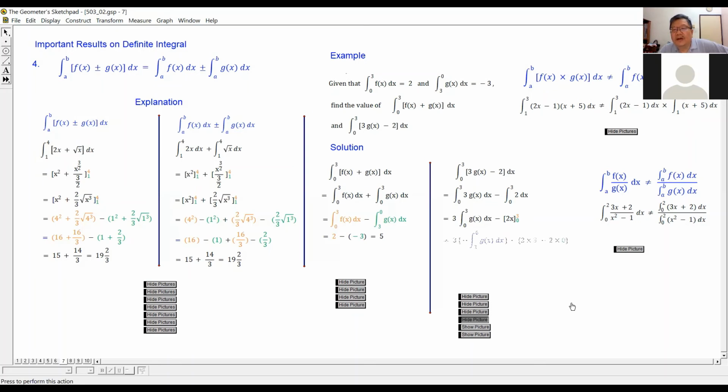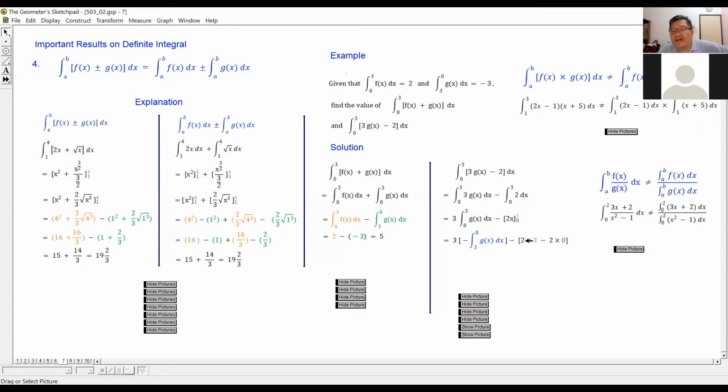So continue. Next one. Now this g(x) dx, 0 to 3, I don't know. I only know from 3 to 0. So never mind. I just put down 3 to 0, but I put a negative sign in front. This is according to the previous result number 3. Over here, the negative is still outside. I substitute in 3 and I substitute in 0.